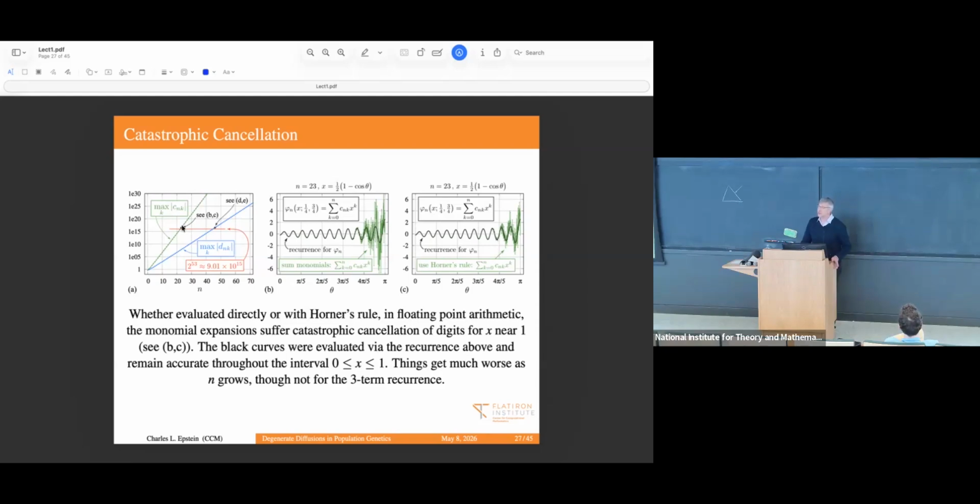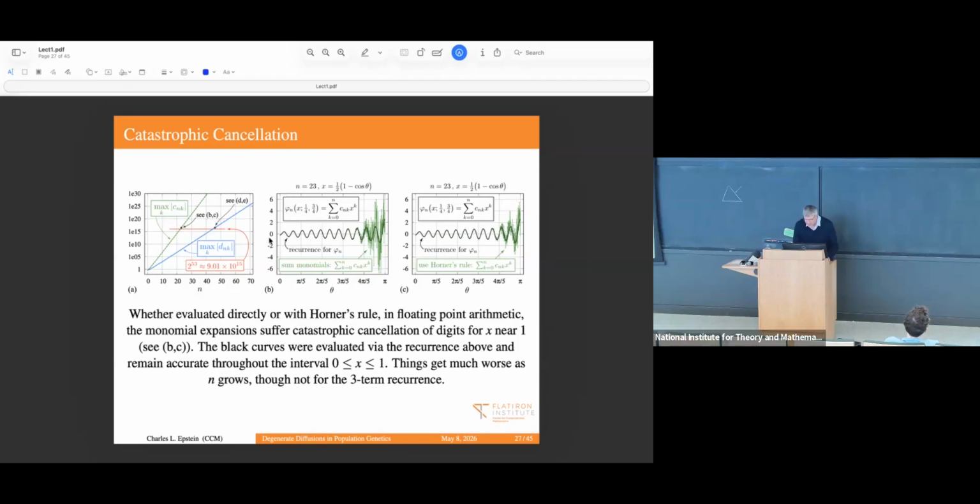And of course, you're evaluating these polynomials at numbers between 0 and 1. So what you're doing is you're taking sums of enormous numbers with alternating signs, and you're hoping to get a number that's around 1. It doesn't happen. This is what's known as catastrophic cancellation. So Jon, being Jon, worked this out for the case n equals 23, where alpha was 1/4 and beta was 3/4.